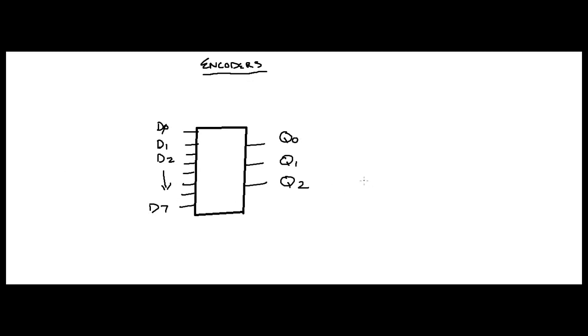Alright, everybody, so I'm going back to the initial encoder, and I want to show you really what they do. So we're talking about, let's be clear on this, a priority encoder. Now, here's how it works.